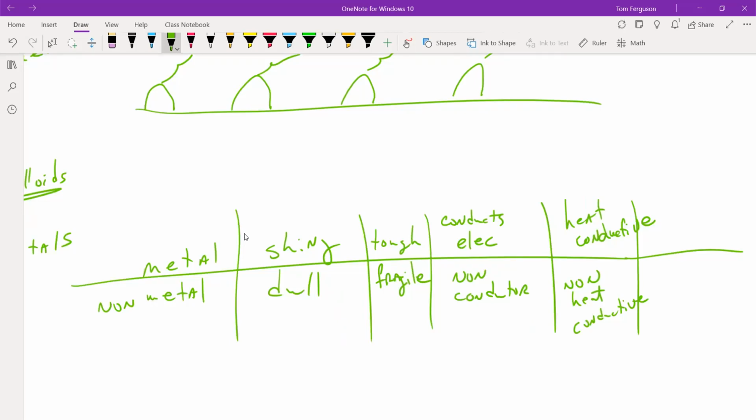If you have a pan made out of metal, you're holding it over the fire, it's hot. If you have a piece of a non-metal over fire, it doesn't get hot. And it doesn't conduct heat. So, what other thing? What else? You guys are doing great.